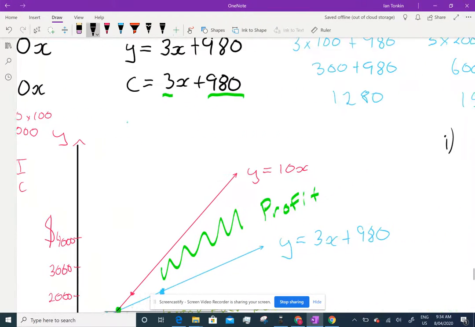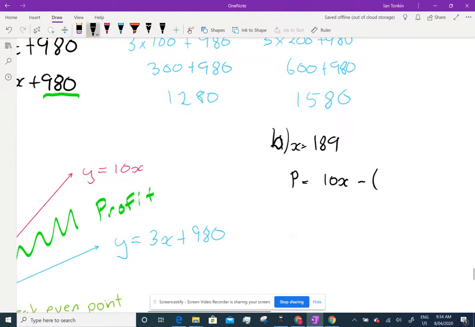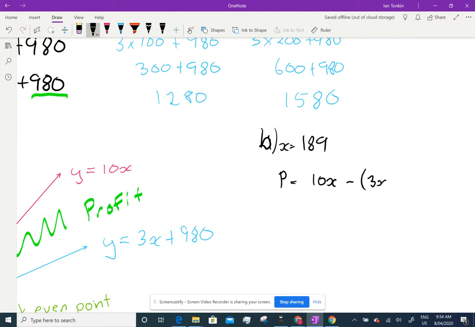So this is B. If x equals 189, the profit will equal 10x, that's the income, minus, and you've got to be careful here, 3x plus 980. So 10 times 189, that's your income, minus 3 times 189 plus 980.